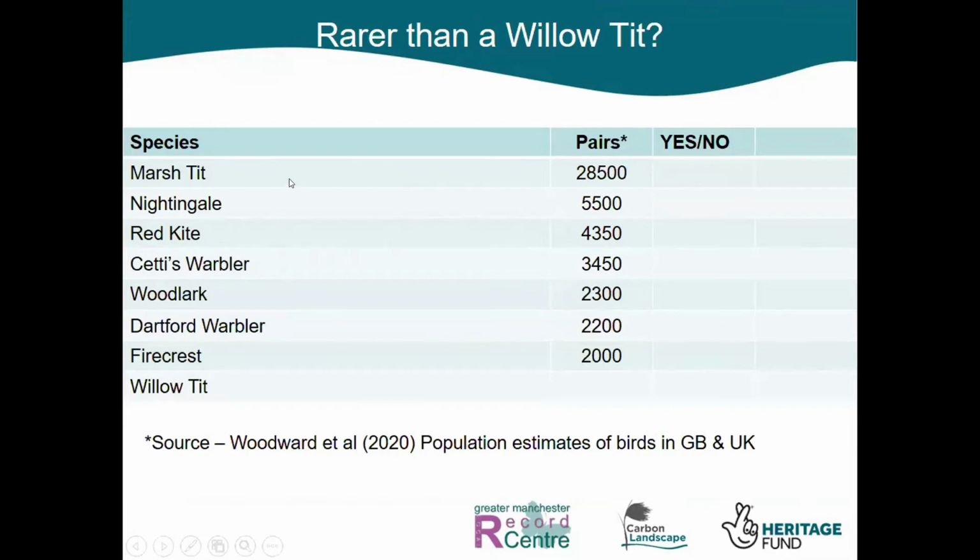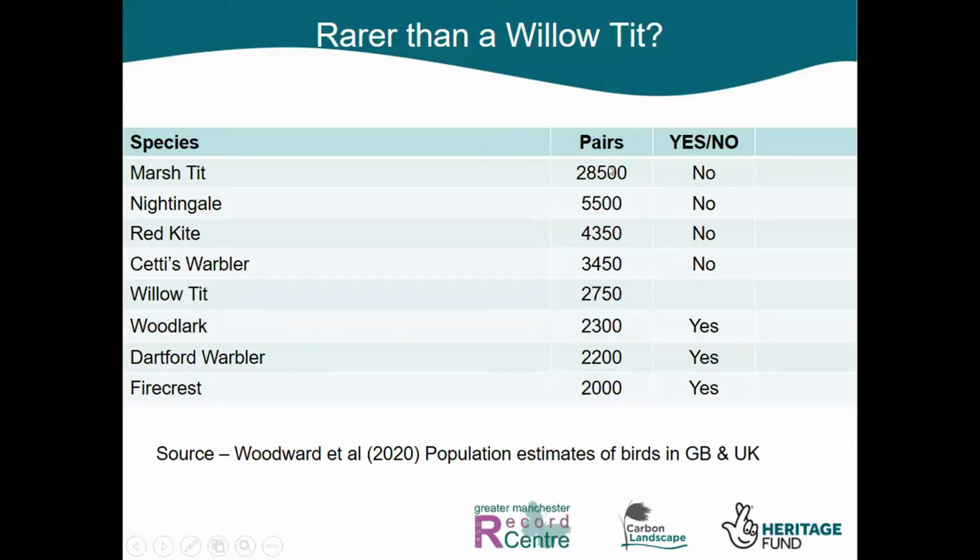Or is the marsh tit more common than a willow tit? The question might appear slightly confusing. So if you think marsh tit is rarer than a willow tit, you put yes. If you think it's more common than a willow tit, you put no.